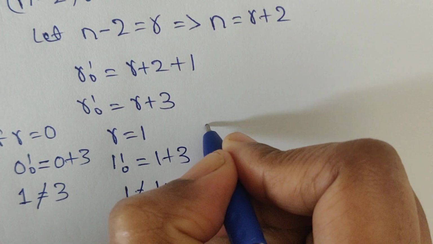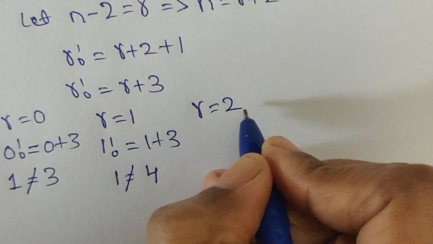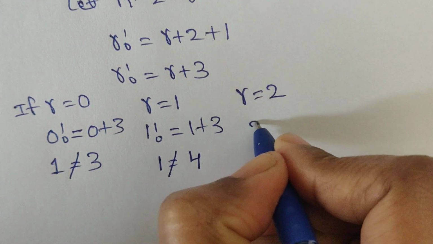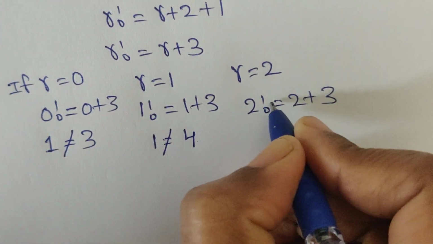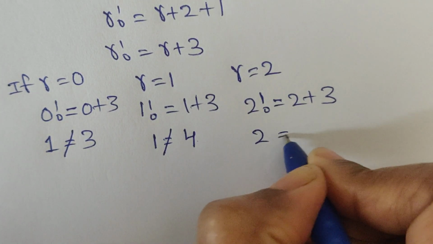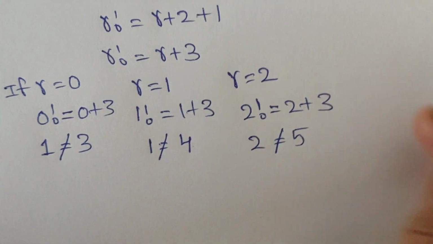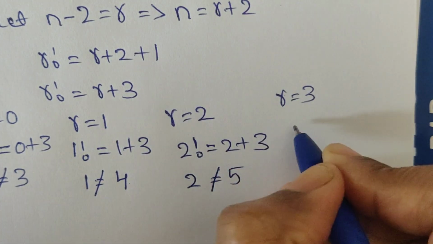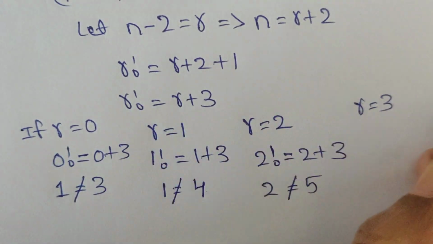Coming to r equal to 2, put this value in this equation. So now it will be 2 factorial equal to 2 plus 3. Here 2 factorial is equal to 2, and 2 plus 3 is equal to 5. So 2 is not equal to 5. So next, r equals 3. Put this value in this equation.